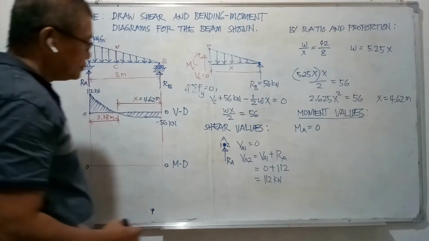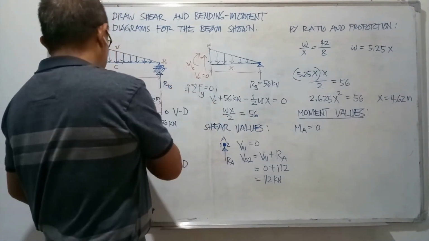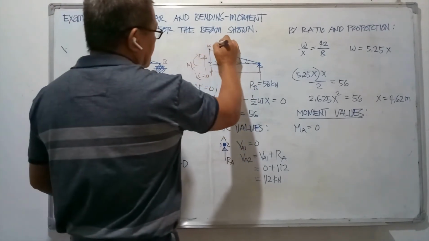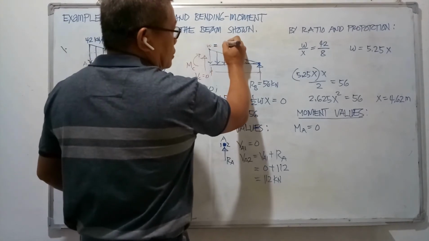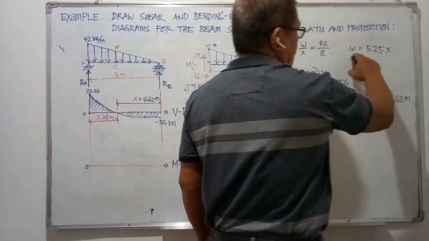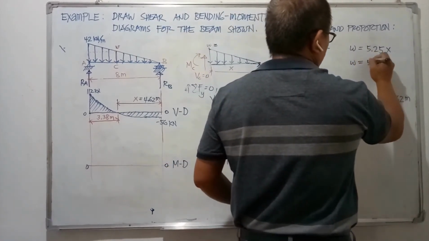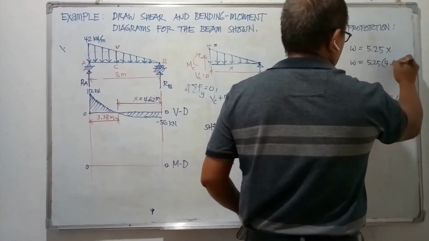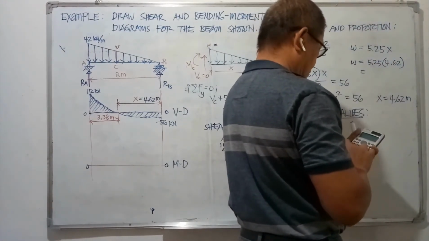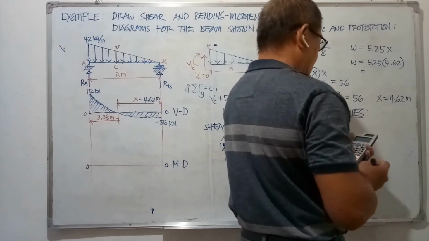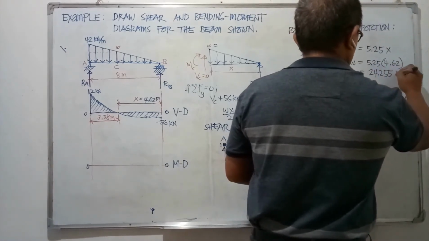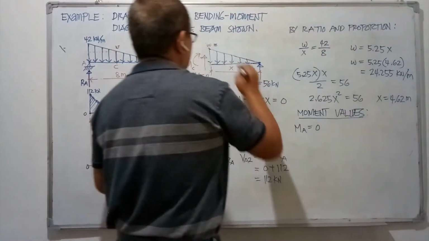And then at point C, we can just solve for the corresponding value of moment at C because we know already W. From the value of X, you can just substitute this X into the equation for W. 5.25 times 4.62 is 24.255 kilonewtons per meter.